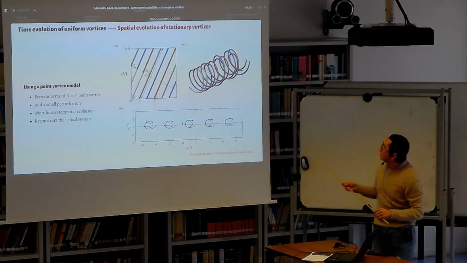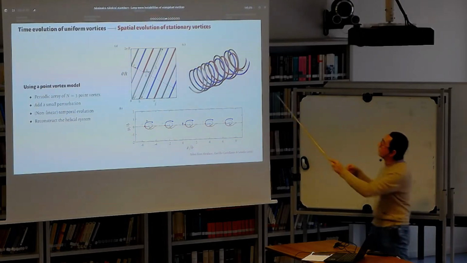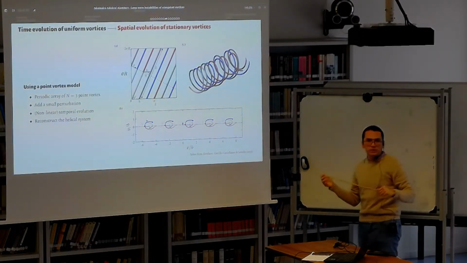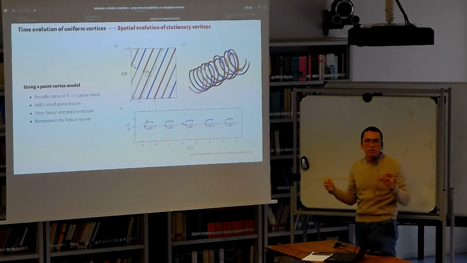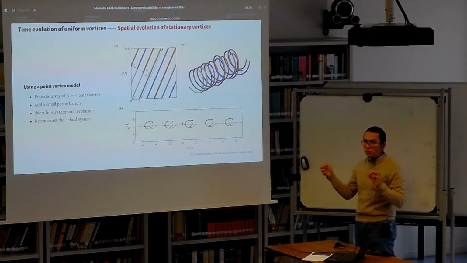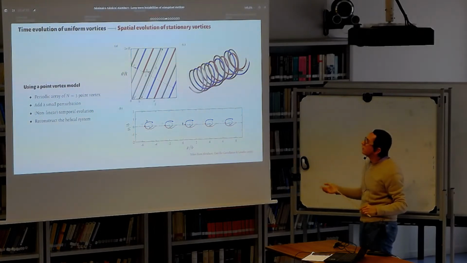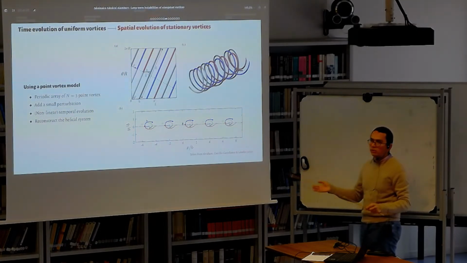So what we can see is that the leapfrogging and a lot of the features that we saw earlier can be explained only by the nonlinear dynamics of a very simple point vortex system. So you have no curvature, you have no rotor, you have no anything. Everything is of a smaller order than the nonlinear dynamics of this system.